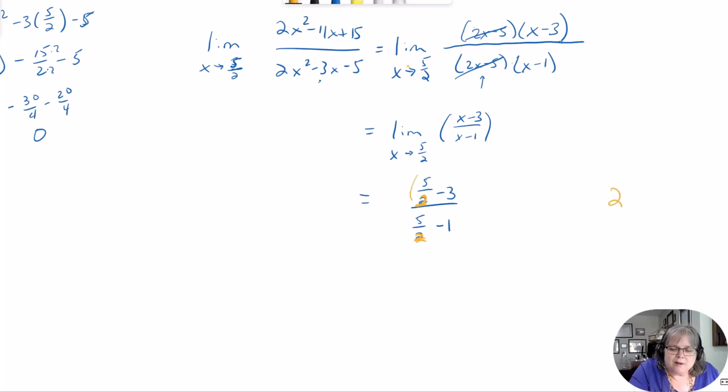So if I multiply the top and the bottom by that common denominator, then this 2 times this 2 cancels, and I'm left with 5. And this 2 times minus 3 leaves you minus 6.